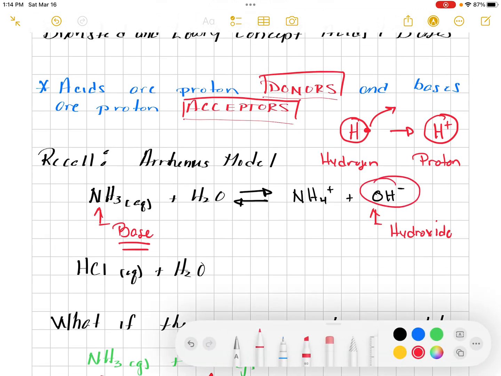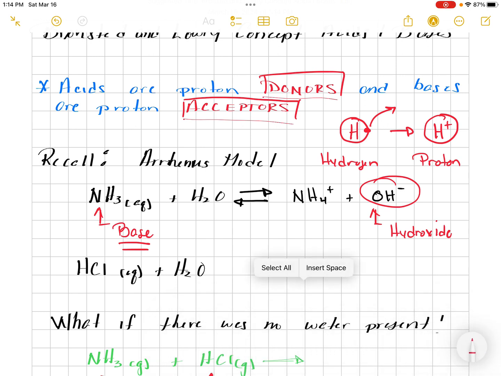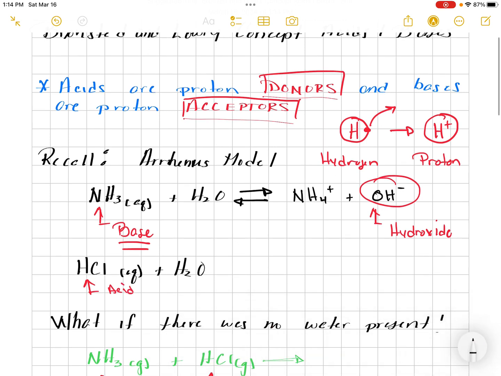If we take a look at another reaction, we already know that hydrochloric acid is an acid. The reason it's an acid is because when this compound reacts with water, we end up with the hydronium ion plus the chloride ion.